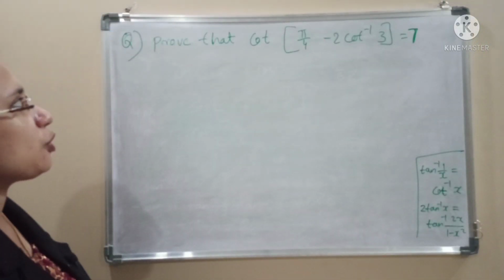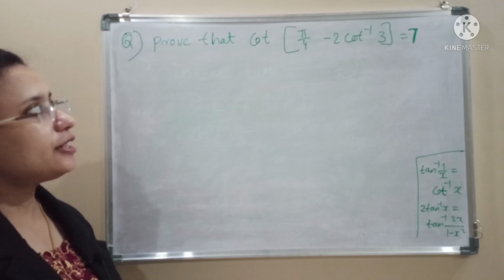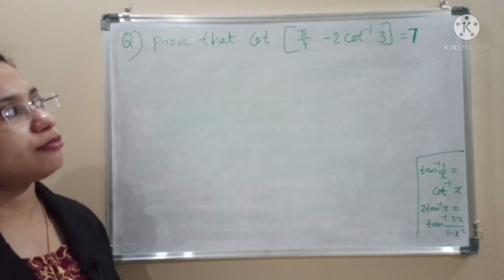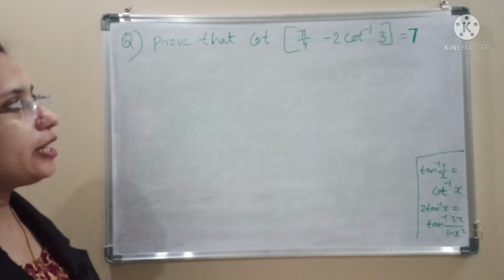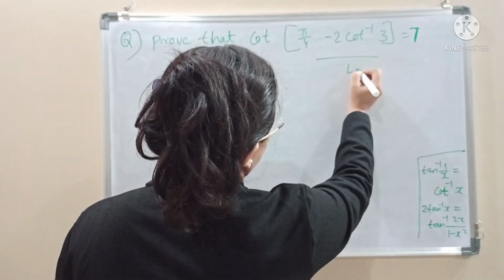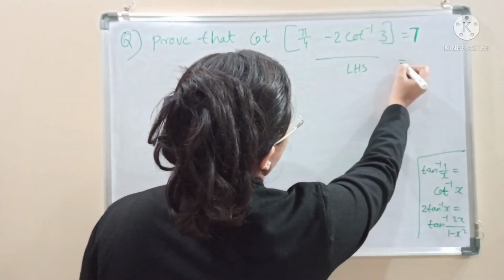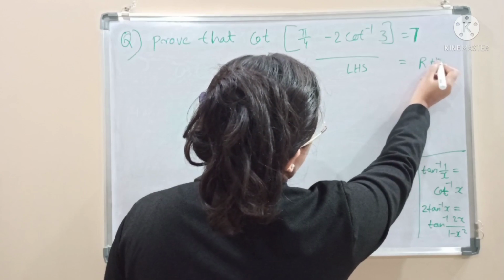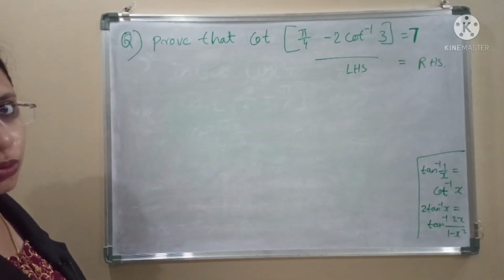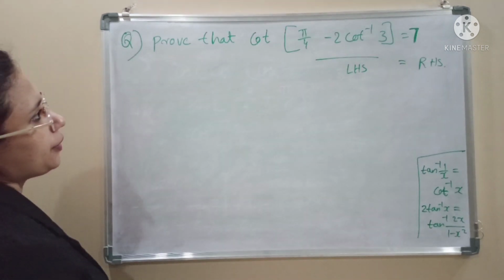So this is our next problem. Prove that cot of pi over 4 minus 2 cot inverse 3 equals 7. That means we have to prove LHS, left hand side, equals RHS, right hand side. This is what we have to prove. Clear?